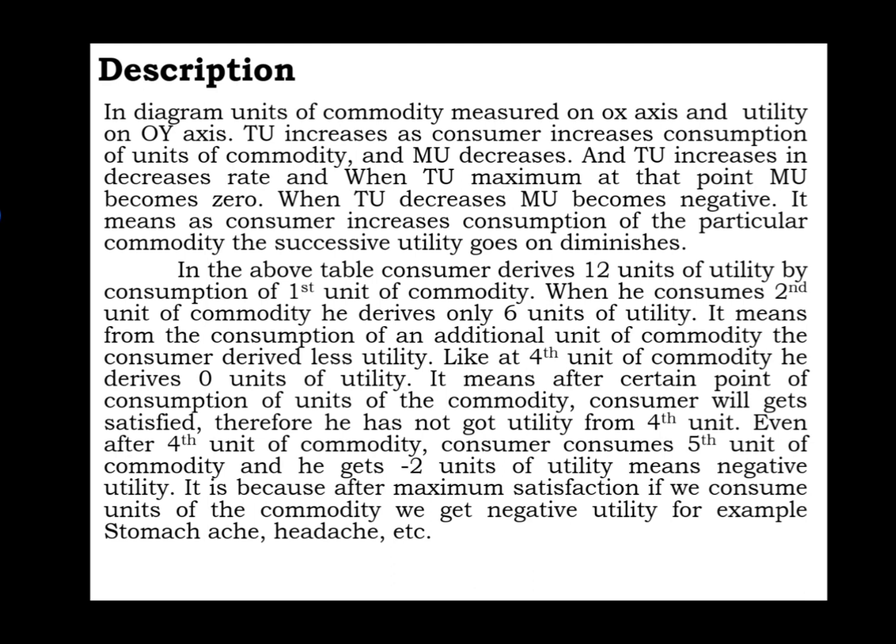Even after a consumer consumes more units of a commodity, total utility decreases and marginal utility becomes negative. It means as the consumer increases consumption of a particular commodity, the successive utility goes on diminishing. So this is what you have to write in the descriptive part.